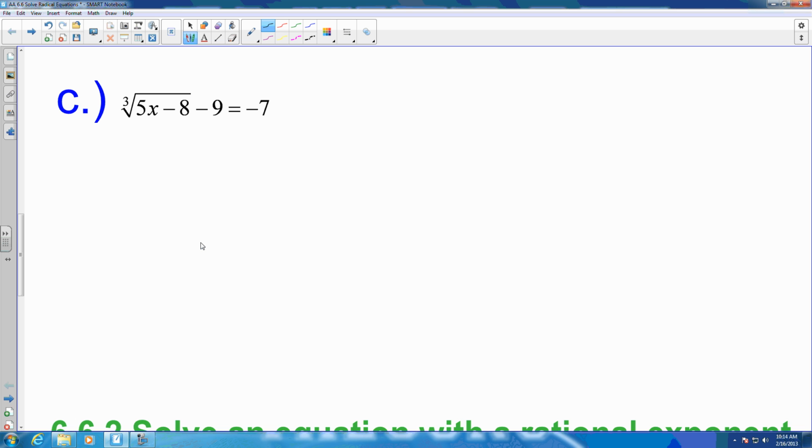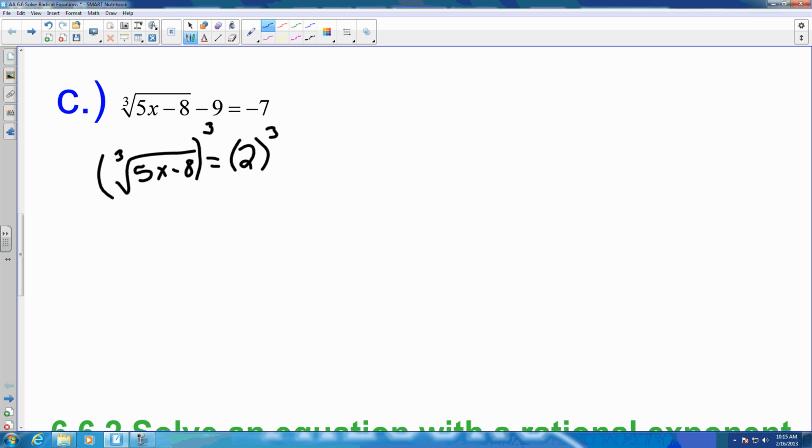For C, again, my cube root this time is not isolated, so now I must add 9 to both sides. So now I've got the cube root of 5x minus 8 equaling 2. Since I've got the cube root of 5x minus 8, and I want to get rid of that, now I have to cube both sides.